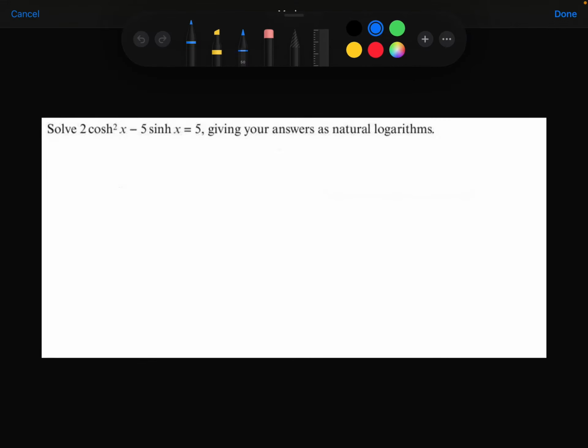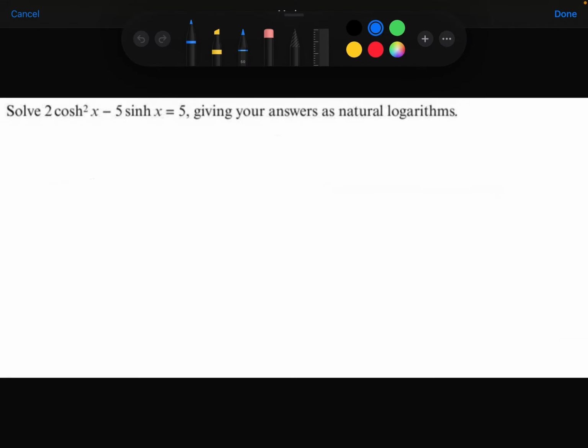This next example, you can see we've got 2 cosh squared x minus 5 sinh x equals 5. So I am going to change this cosh squared into a sinh squared.